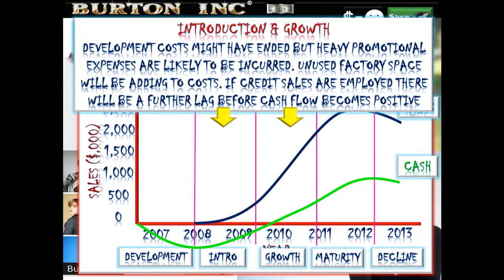Unused factory space, which has been geared up for peak sales, will be adding to costs. And also, if the business has employed credit sales, you don't get paid straight away, you get paid further down the track. So if credit sales are being employed, there's going to be a further gap, a further time before your cash flows start to become positive.